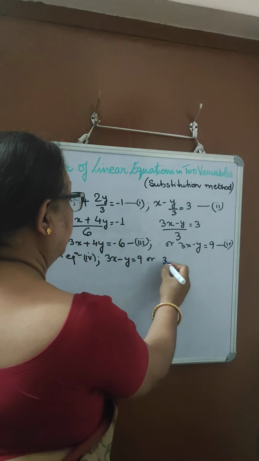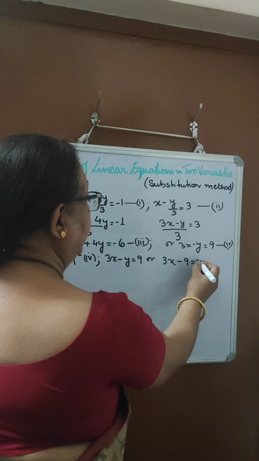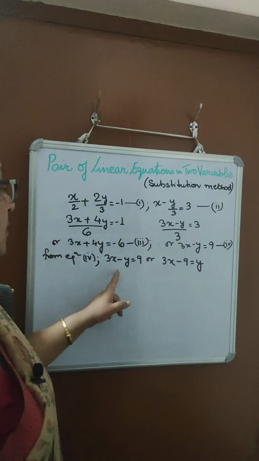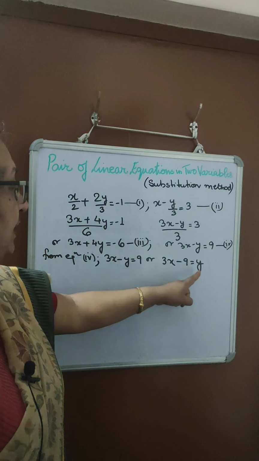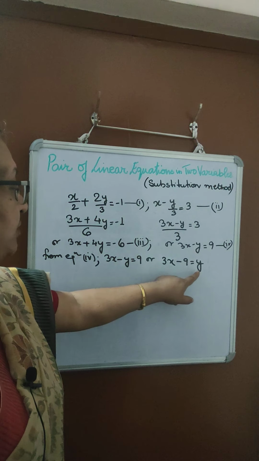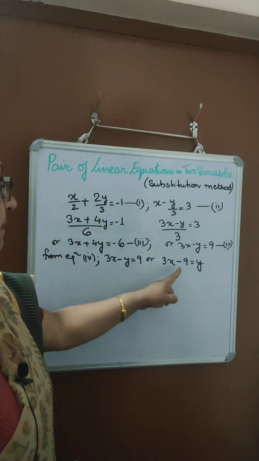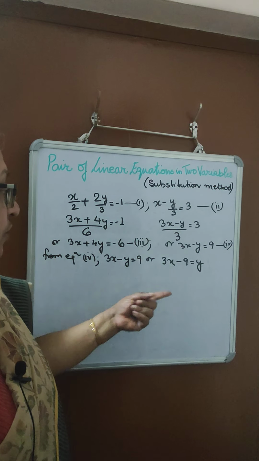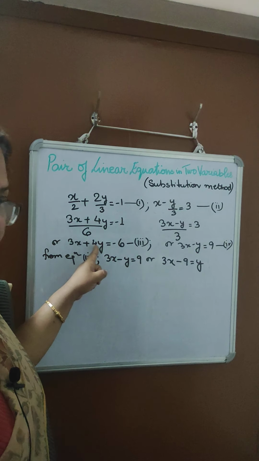So 3x minus 9 will be equal to y. Okay, this equation just rearranged in this form to get the value of y. Y taken on the other side, so plus y, 9 came here, so plus 9 became minus 9. Now what do? We substitute this value of y in equation 3.